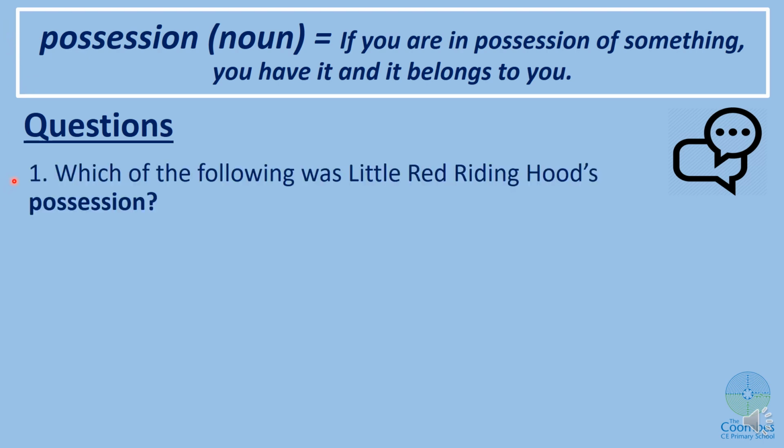So number 1, which of the following was Little Red Riding Hood's possession? Was it A, a Nerf gun, B, a fidget spinner, C, an LOL doll, or D, a basket of food? Which of these items belonged to her?